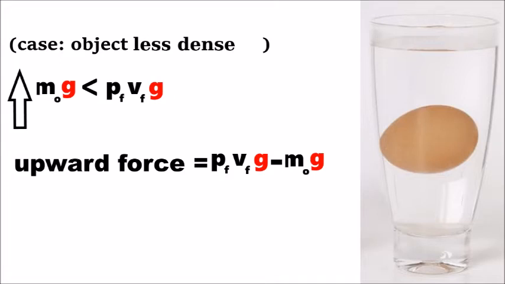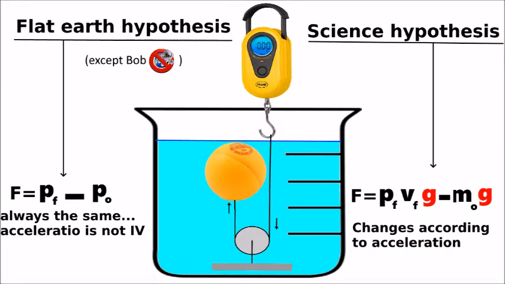According to the Flat Earth hypothesis, except for Bob, of course, the force will be somehow related to Pf minus Po, and the science hypothesis will be as I displayed, and it changes according to acceleration. In the first hypothesis, there's no change when acceleration changes.